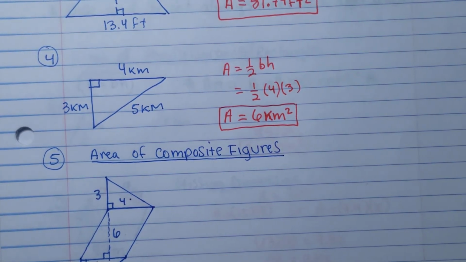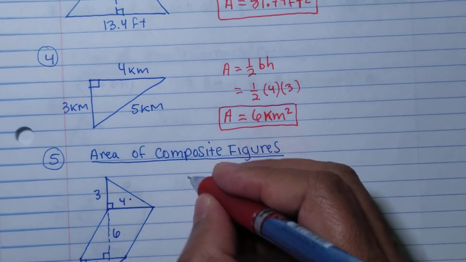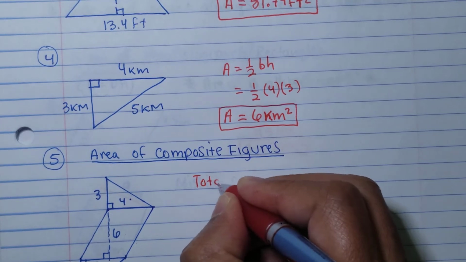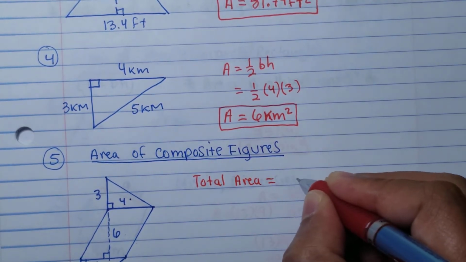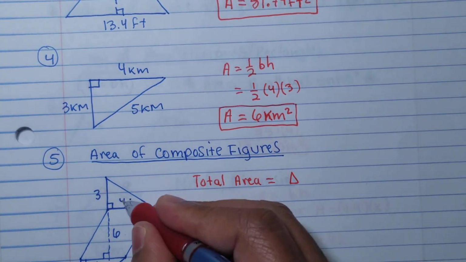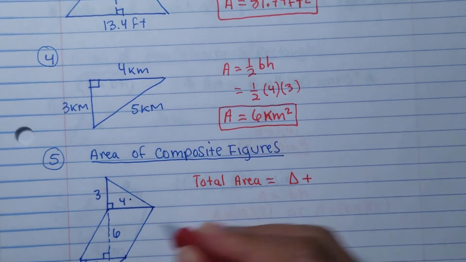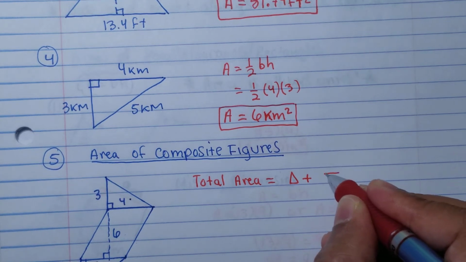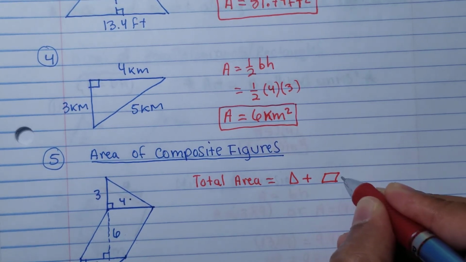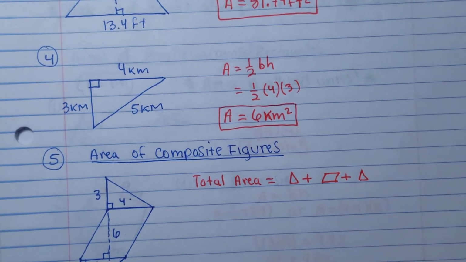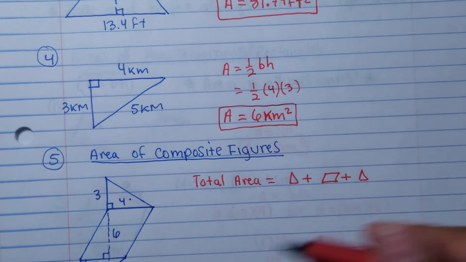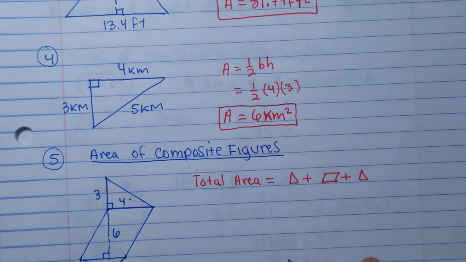So to find the area of this composite figure, we say the total area is going to be equal to the area of this triangle plus the area of this parallelogram, plus the area of this other triangle. But notice that these two triangles have the same dimensions. So once we find the area of one, we can find the area of the other.